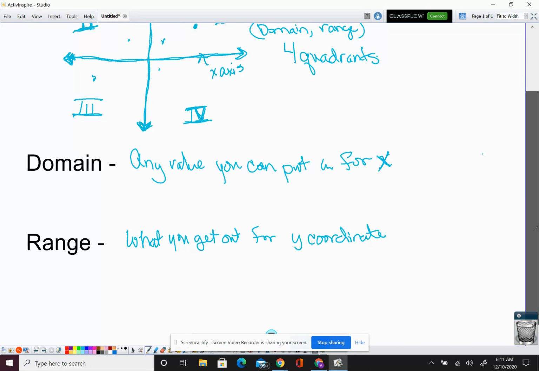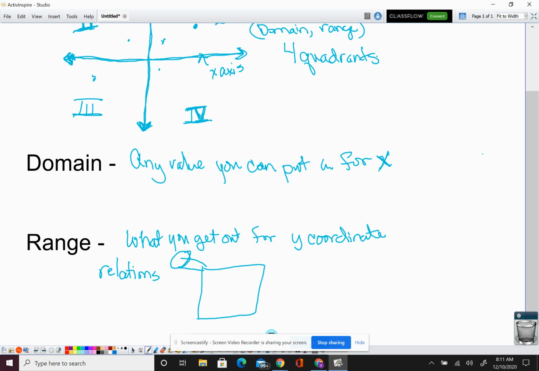Now this whole chapter is about functions, and a function is a special type of relation. But even if we just have relations, I can think of this as my machine.